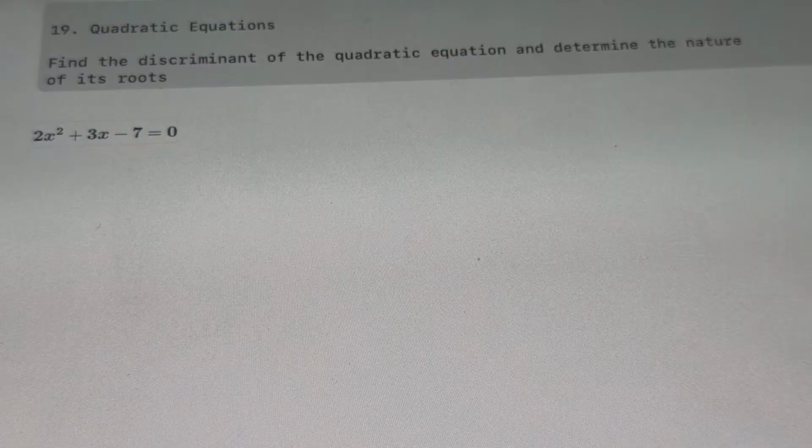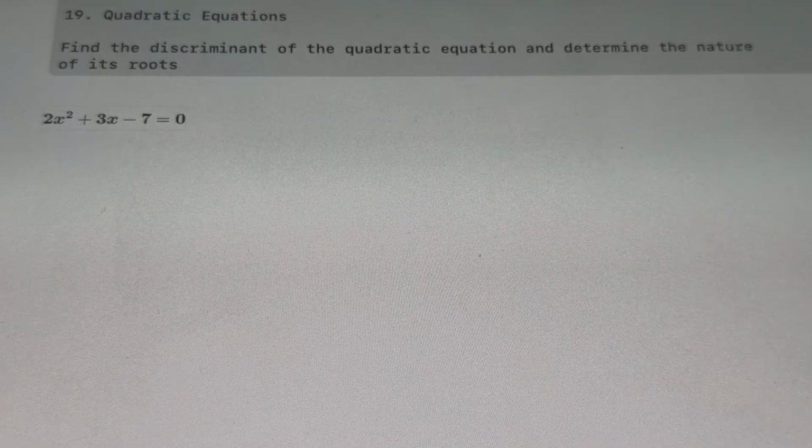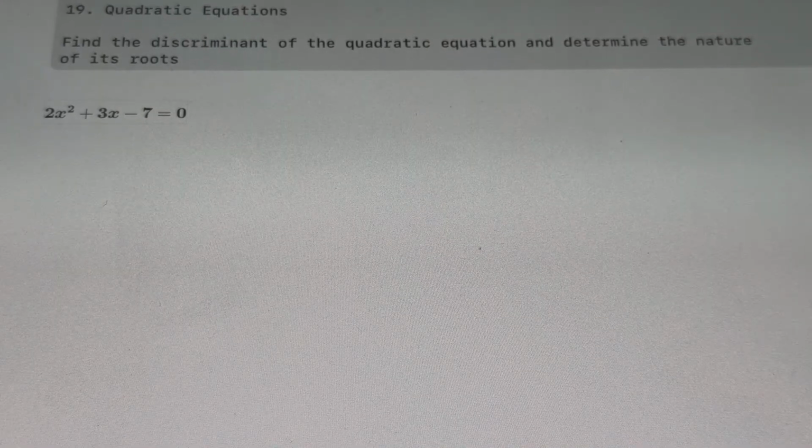So in the quadratic equation, we have to find the discriminant of the quadratic equation and determine the nature of its roots. So the given equation is 2x square plus 3x minus 7 equal to 0.